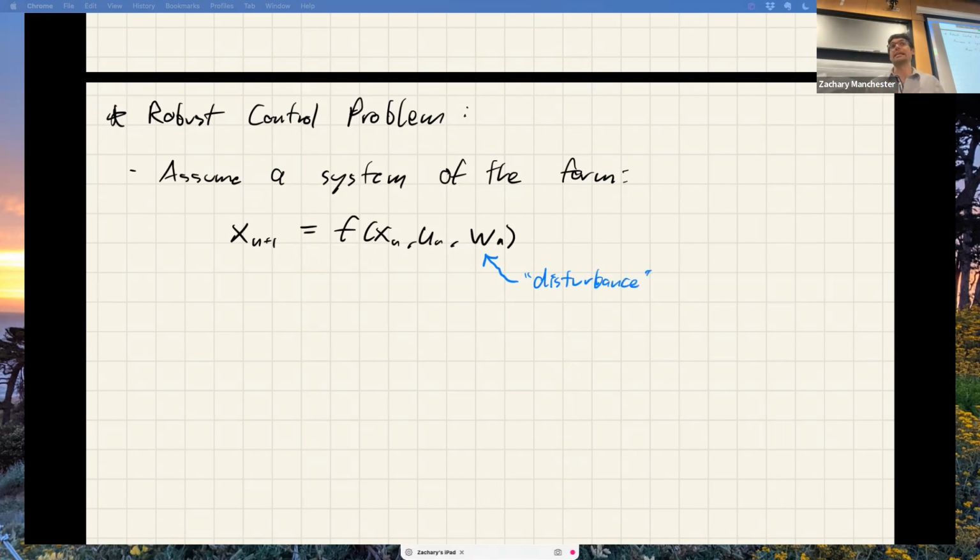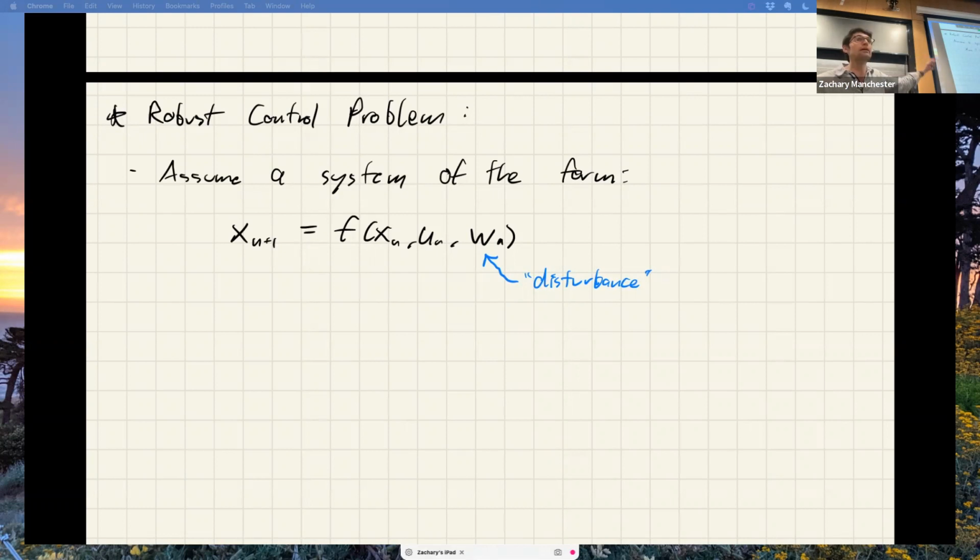And this can be literally anything. It can represent uncertainty in the mass, so W could have a delta M in it. It could have perturbations to all the model parameters, the lengths, stiffnesses of the system. Could be disturbance forces.